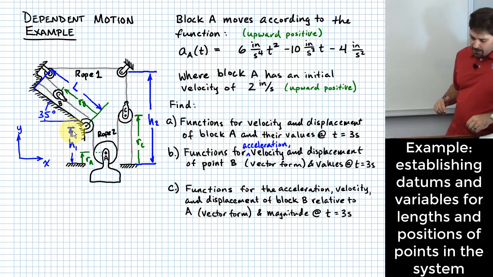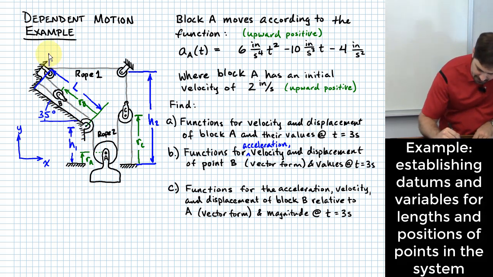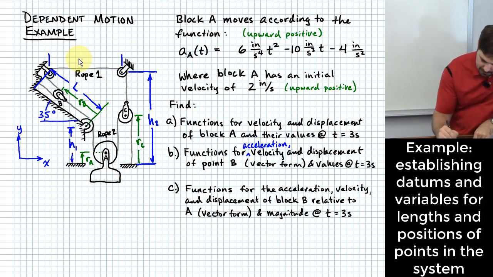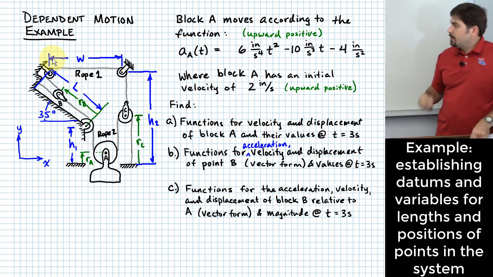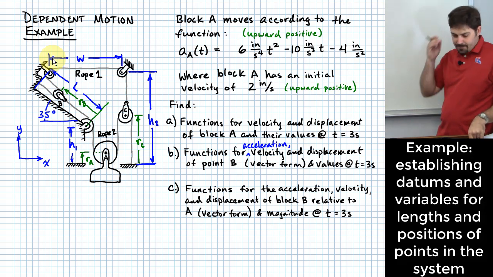Okay, and I'm kind of missing one more dimension that I can define here, and that is how far is it from this pulley to this pulley. Okay, W. Now you might say, well, there's a few things you're ignoring in terms of the length of the rope. The rope takes some length to go around certain pulleys, right?